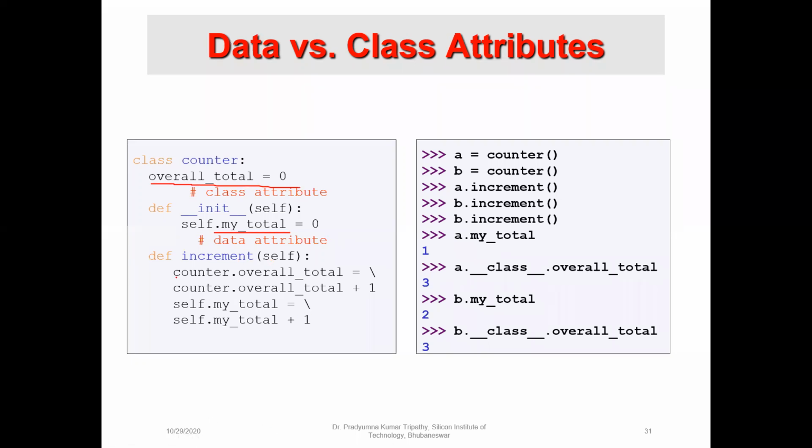I can directly write Counter dot overall total. What is Counter? Counter is the class name, dot overall total. I can directly write in this way also. But while writing my total, I am writing self dot my total. So outside of the class, if I want to access it, I will write this syntax that I have used.